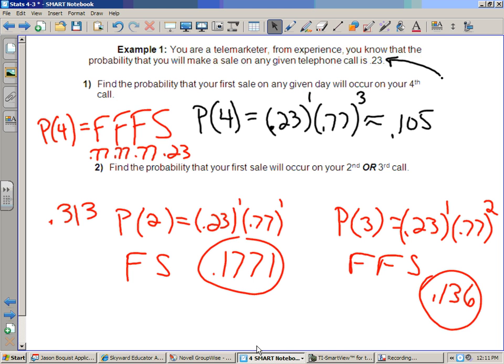Yeah, you could say first or second or third, right? It's taking all of them into consideration. Obviously, 0th call here doesn't make any sense, right? So you could use the cumulative if you said first, second, or third, or maybe first, second, third, or fourth. It all depends on how far they want to go. And then a cumulative will just add them up for you. Okay? Or they could say on one of the first 4 calls or something along those lines. Okay? So any questions on that? So that's geometric.